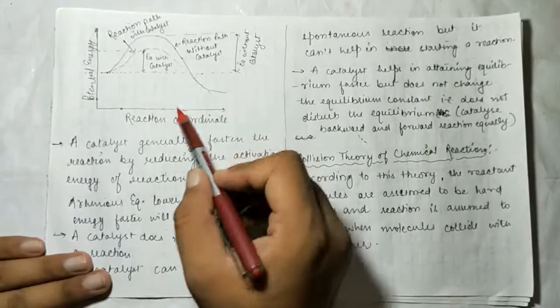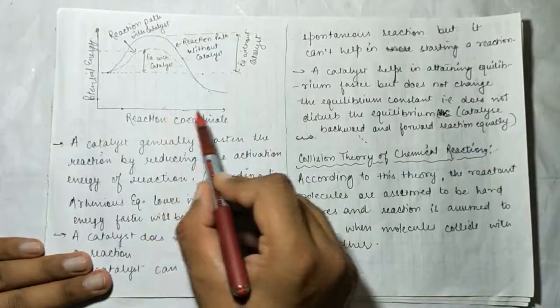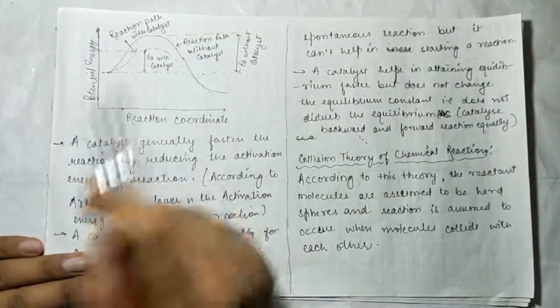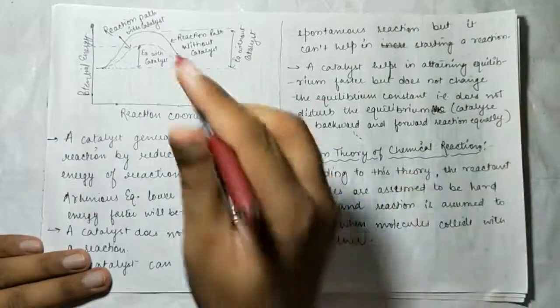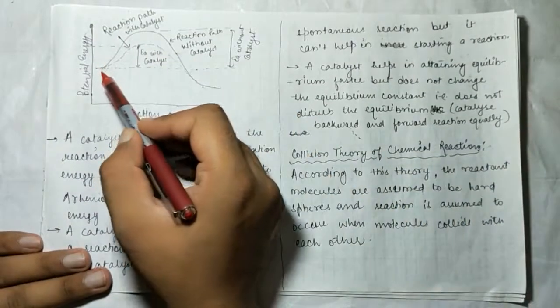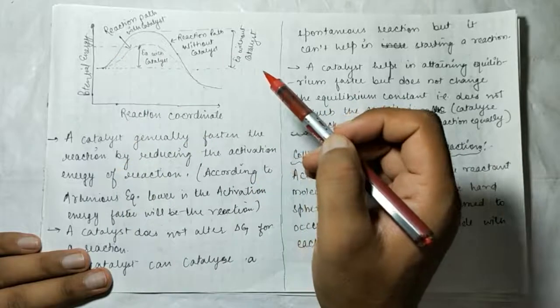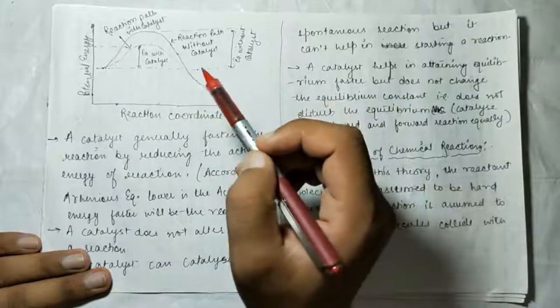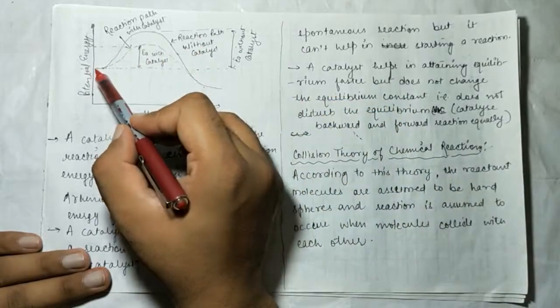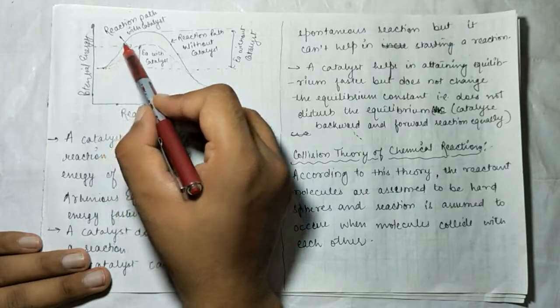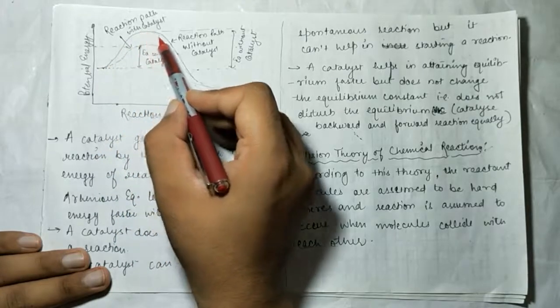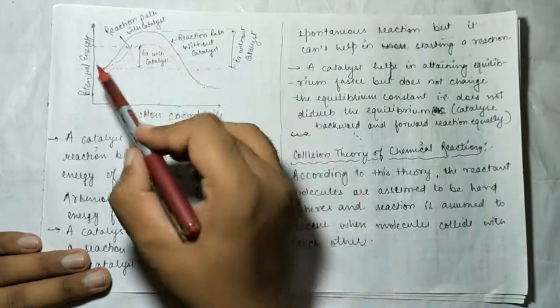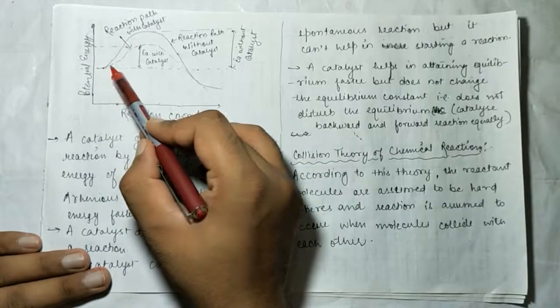Suppose this is the reaction coordinate, that means the reaction is proceeding. This is the potential energy. So this is the reactant, and when the reaction takes place without the presence of a catalyst, this reaction goes with this path. This is the activation energy, and once we use the catalyst, the reaction goes in this path.